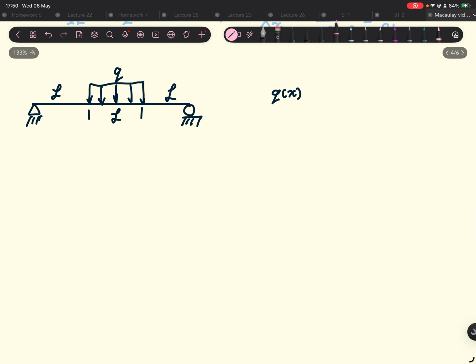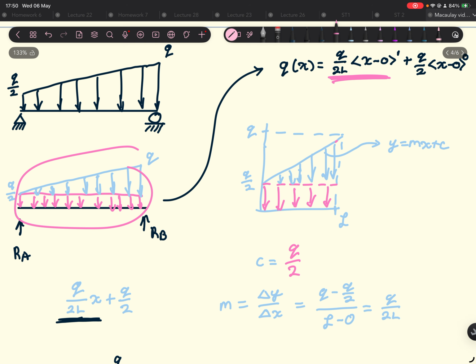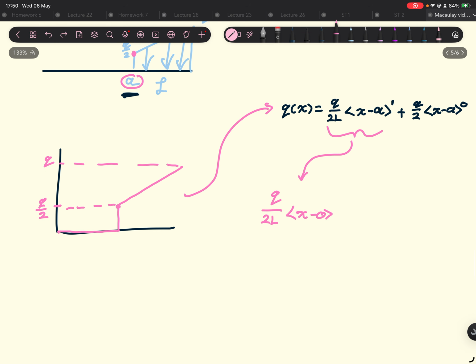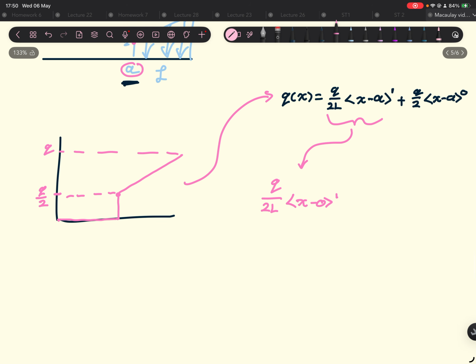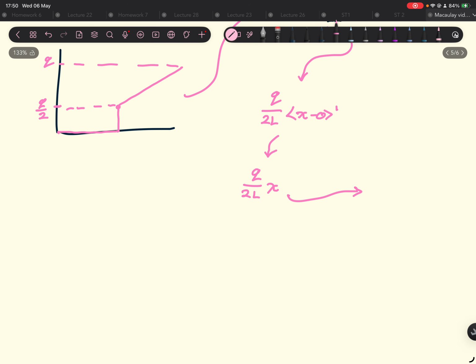So back to this example, right? If I write it as that, this simplifies to Q over 2L times x, right? Which is the equation of a straight line like that, right?